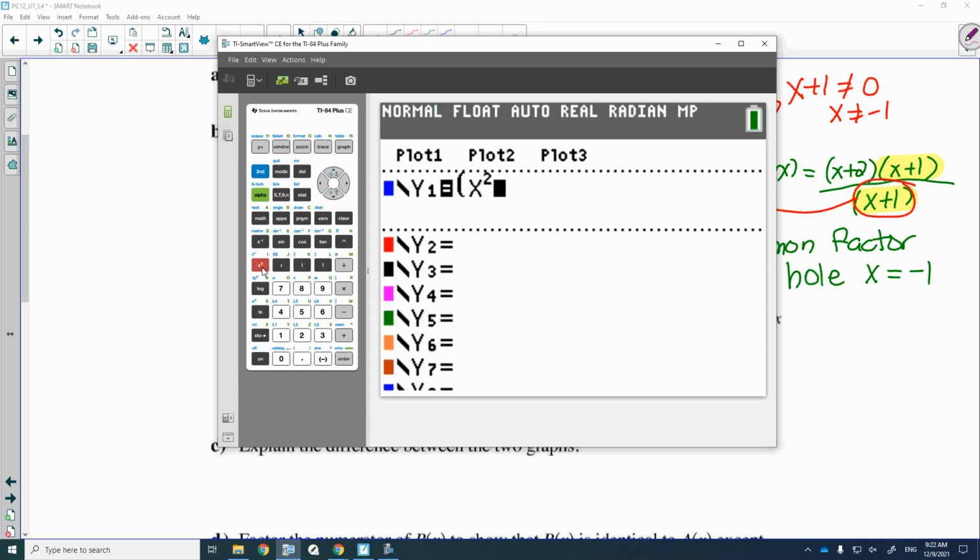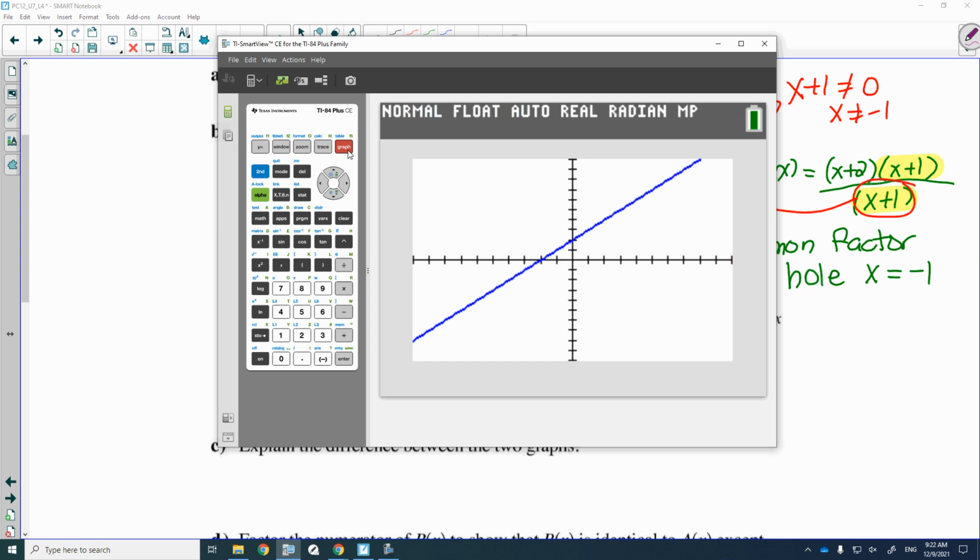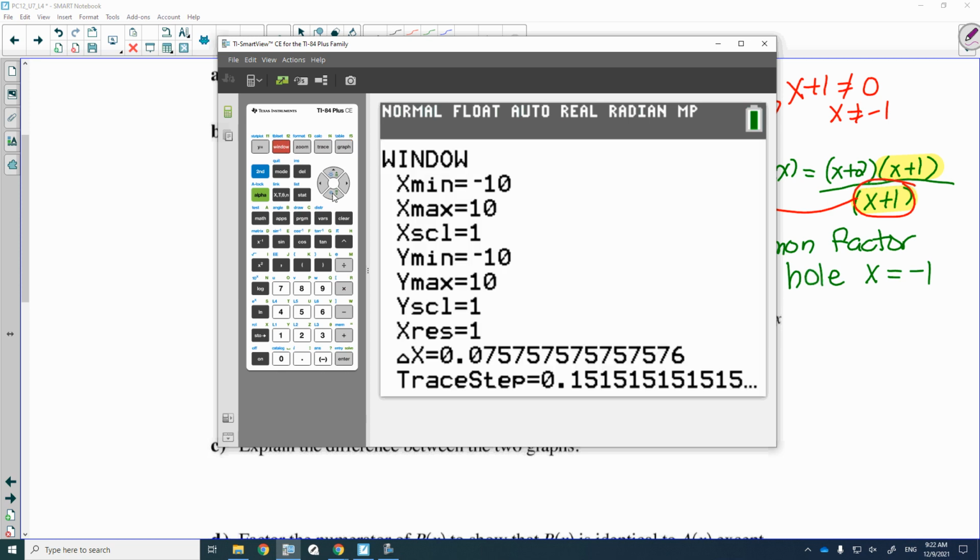Sometimes the graph shows holes really well and sometimes they don't. I just want to see something. I'm going to change my window. I know that there's going to be a hole at -1. There's going to be a hole right here. So I'm going to change my window from -5 to 2. I just want to see if we could see it better. Because actually we can't see it at all right now.